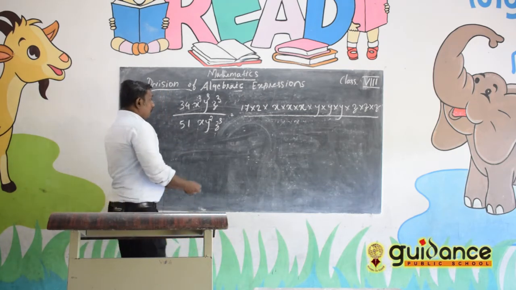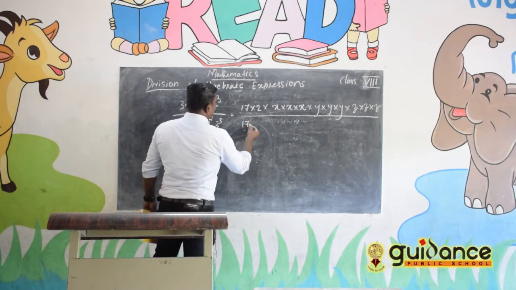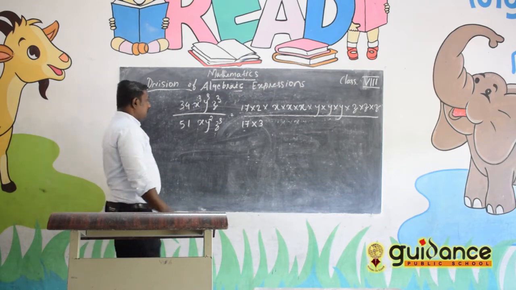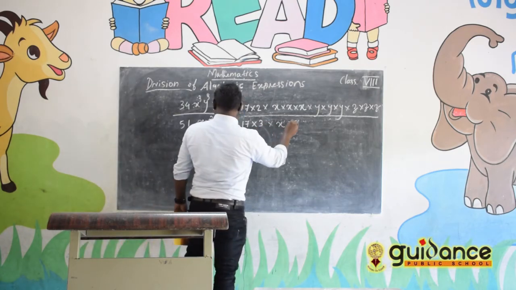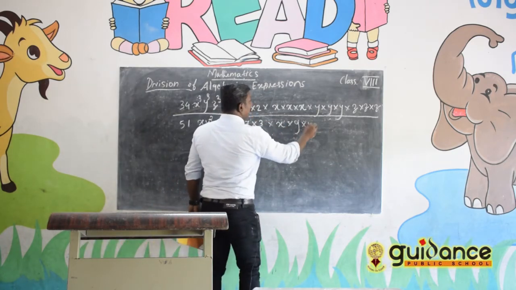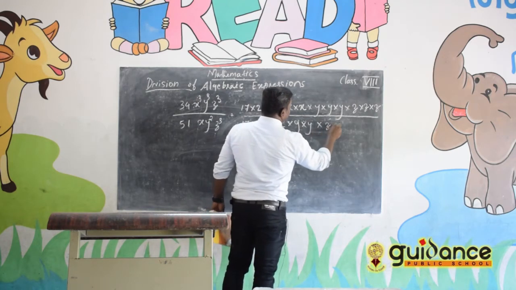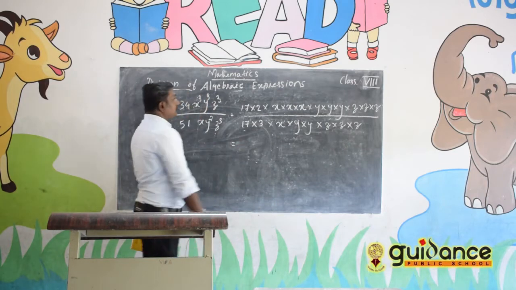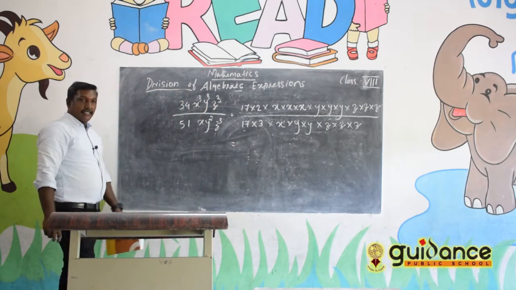I think 51 we can write as 17 into 3, that is into x into y square, y into y, z cube, z into z into z. After factorizing this way, we can easily cancel.